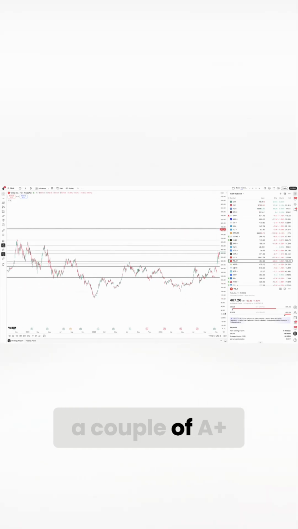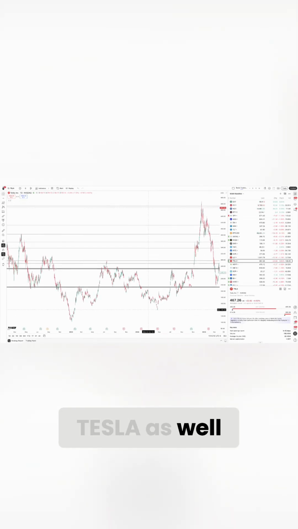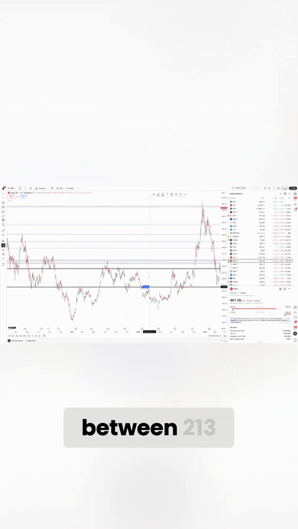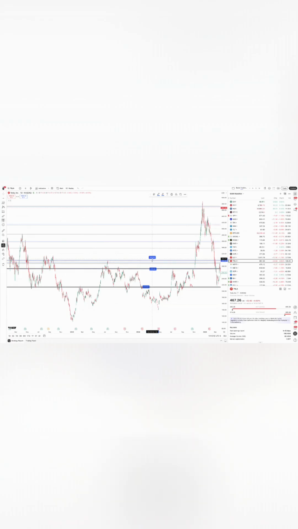You have a couple of A plus ranges on Tesla as well, right? This range right here at 213, and not that it's ever going to go back down here, I just want to show you what an A plus trade range looks like. We've got this range here, another one right here, and another one up here, right?